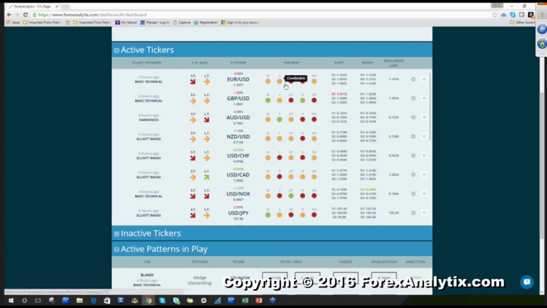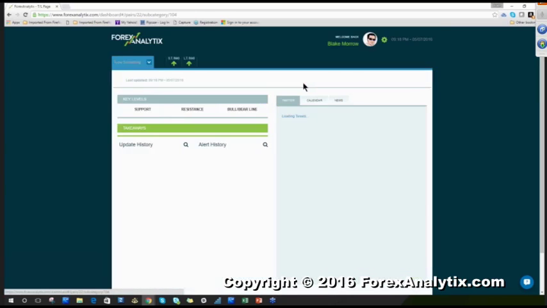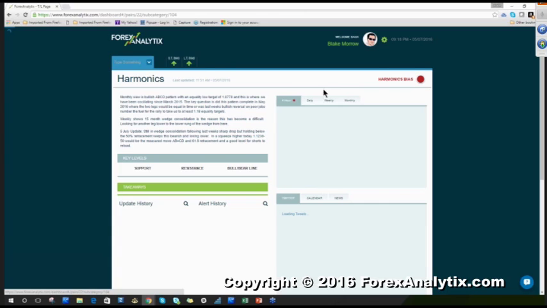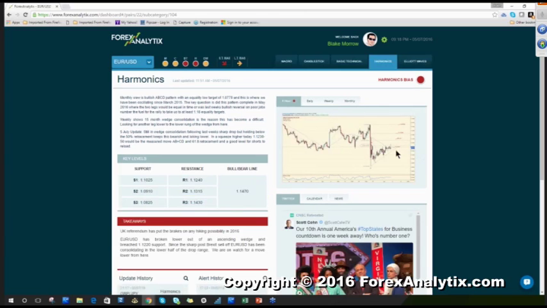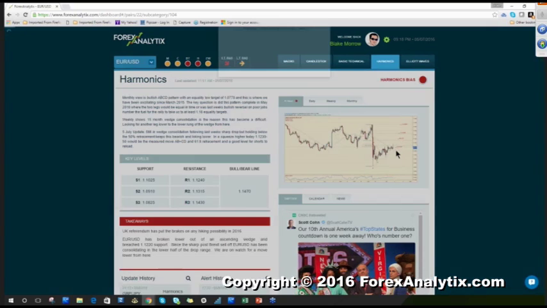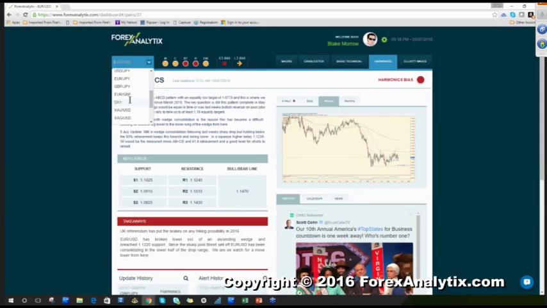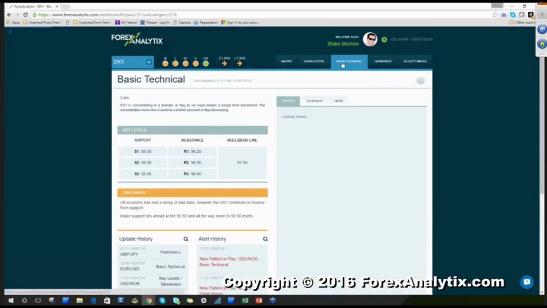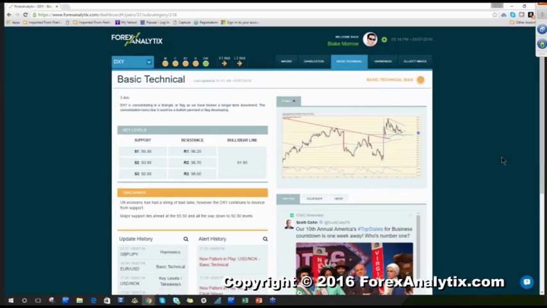You can just see a single traffic light there, but by clicking on it, as Blake I'm sure is going to do now, you're immediately transferred to the analysis page and the corresponding analysis you chose to have a look at. But at the same time, from this page, you can browse through the different analysis or the different tickers as well, just by using either the drop-down menu on the left or the tabs you see on the right-hand side.